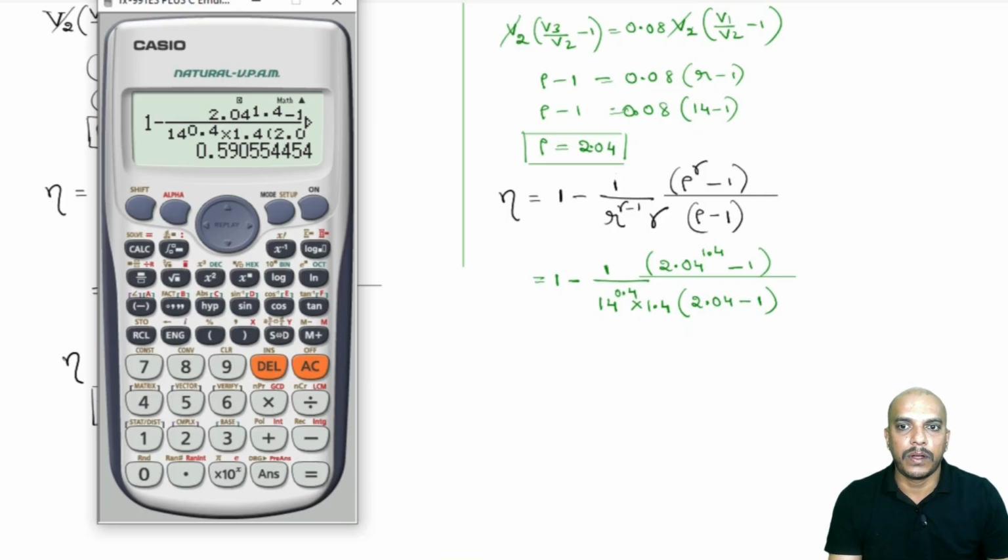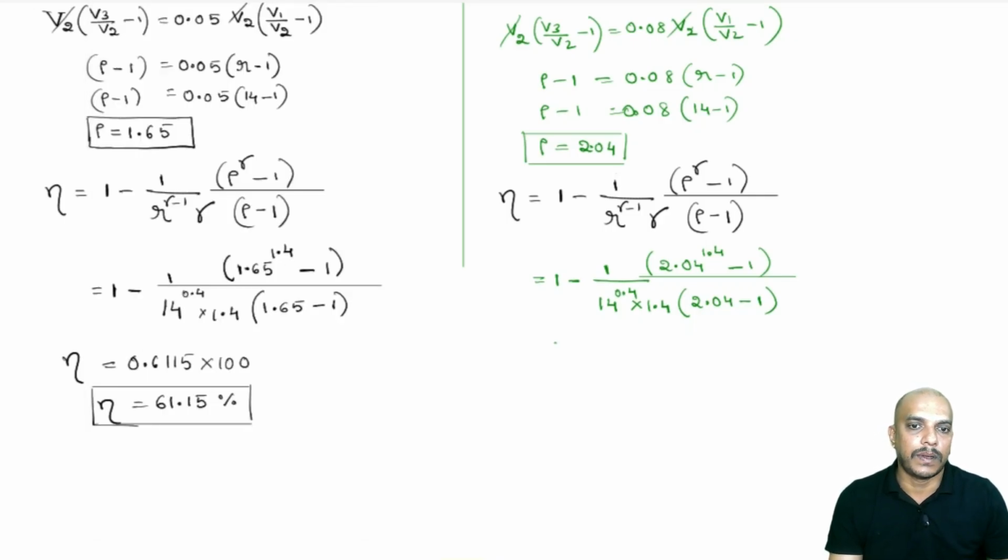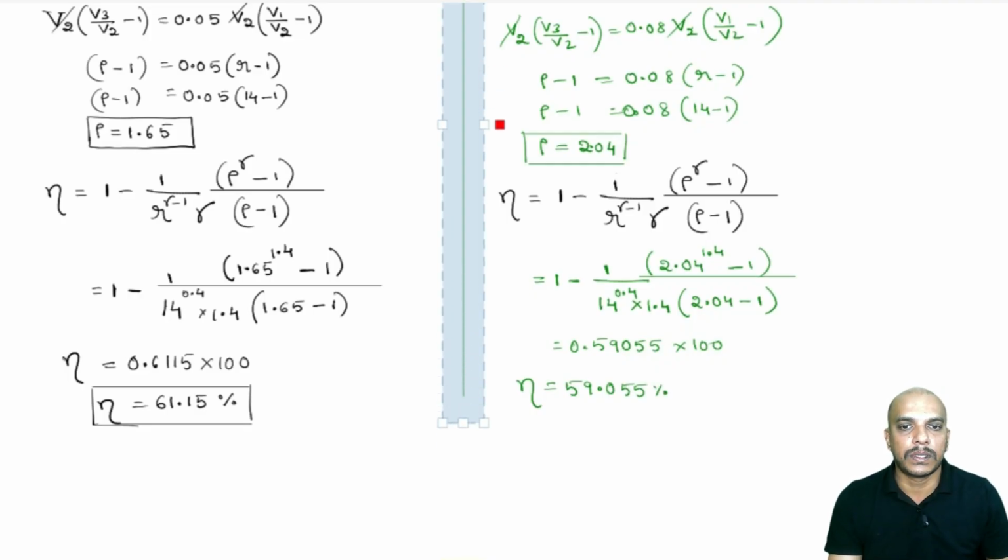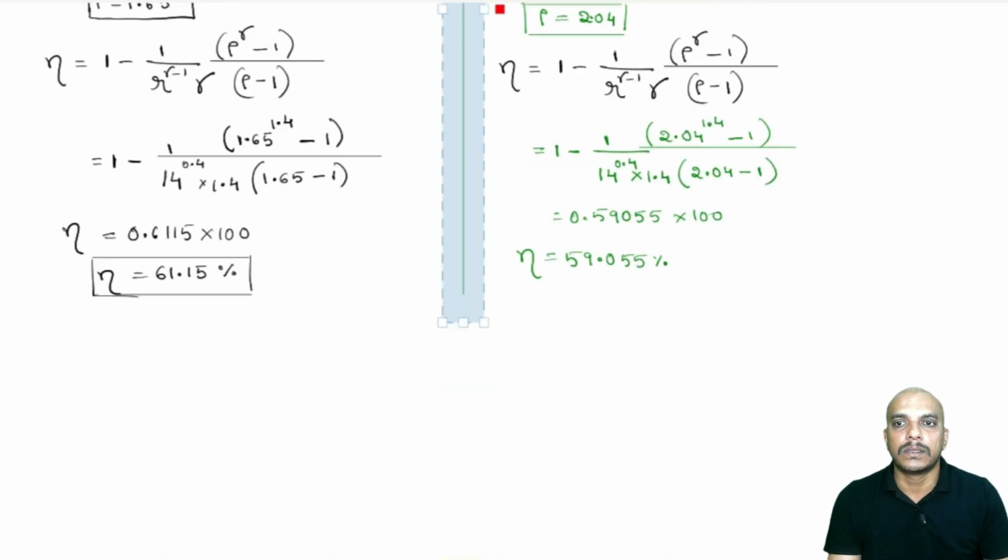So, that is 0.59055. Now multiply it by 100 to get it in percentage. So efficiency is 59.055.